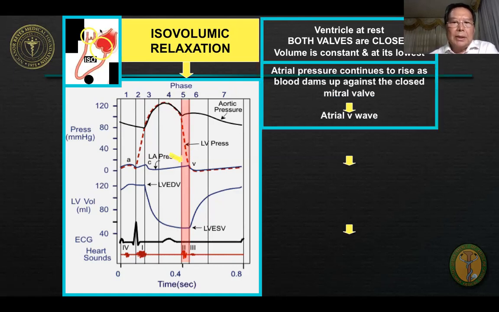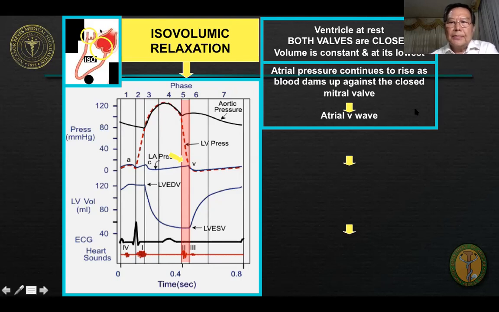And the atrial pressure, right? If you look at your atrial pressure tracing, there is some rise in your left atrial pressure, okay? Because blood is continuously going into that particular chamber, right?